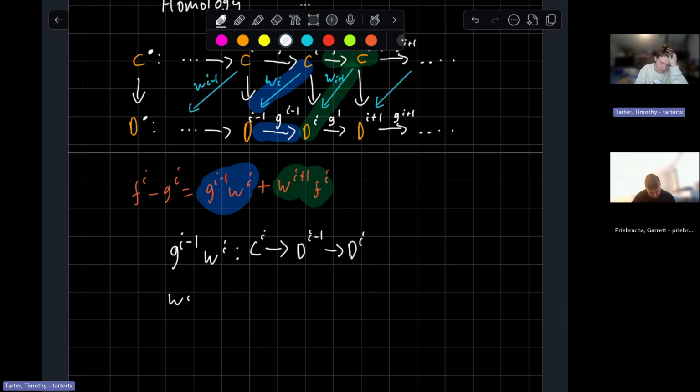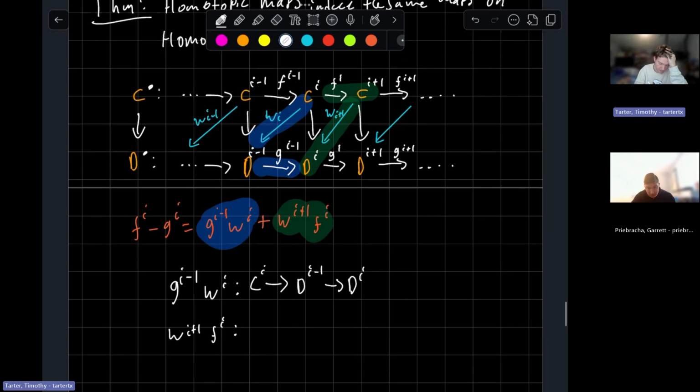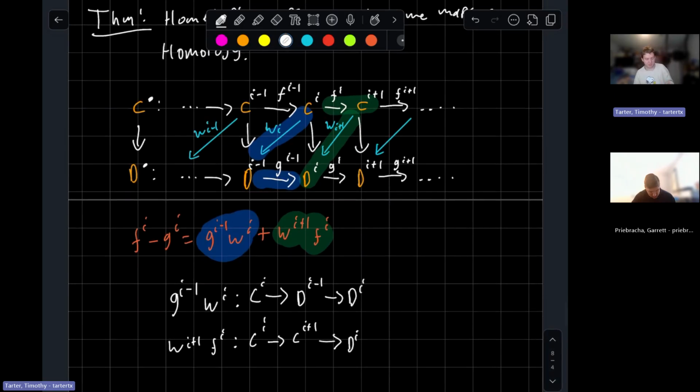And wi plus 1 fi goes from Ci to Ci plus 1 to Di. And so that's why we can subtract or add these two things. Okay, all right, this is making sense. The definition is starting to make sense.